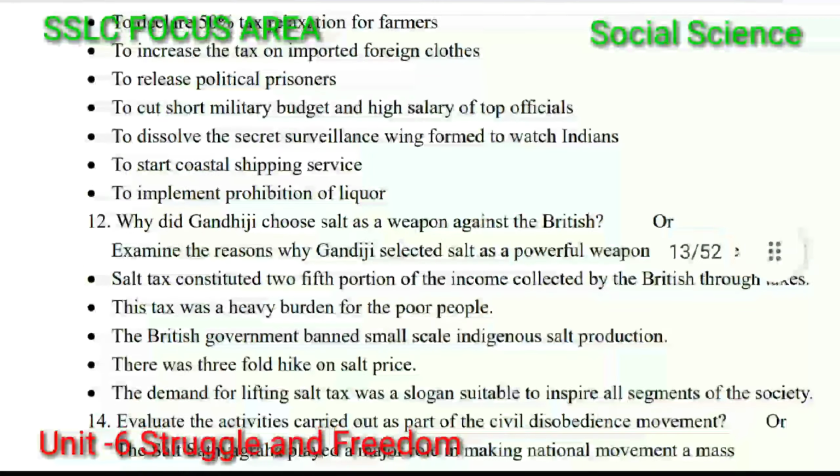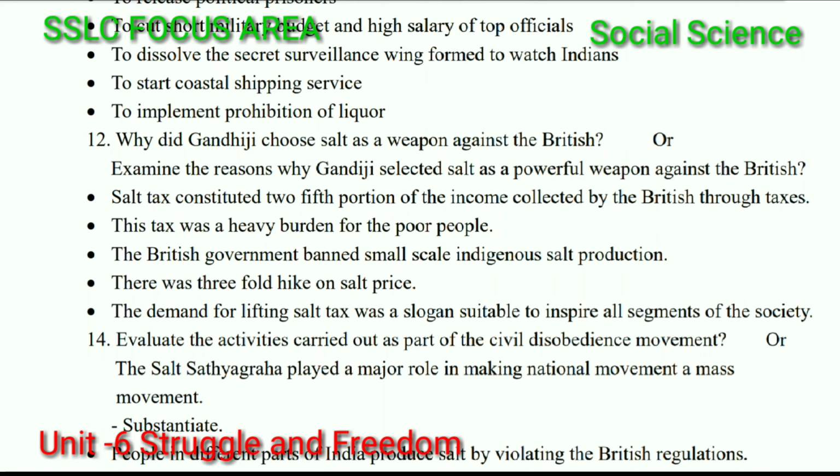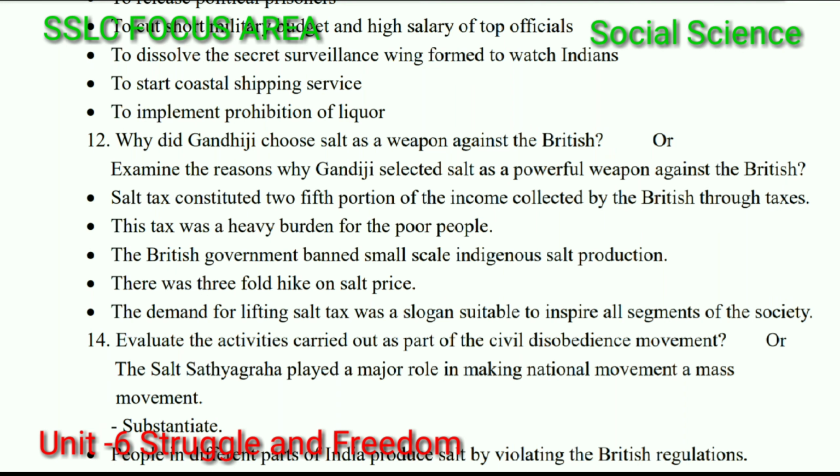Why did Gandhiji choose salt as a weapon against the British? Or examine the reasons why Gandhiji selected salt as a powerful weapon against the British. Salt tax constituted 2/5 portion of the income collected by the British through taxes.